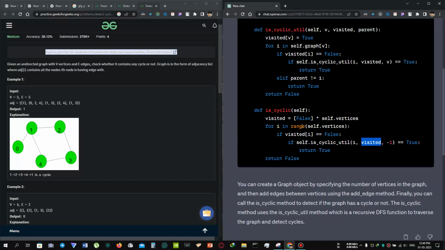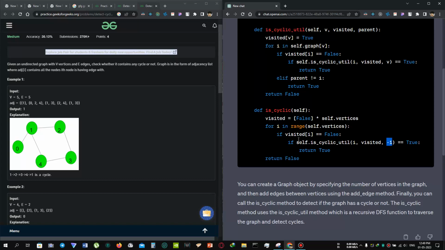Why are we giving i? You see, i was initially 0, so we want to check if 0 is creating any cycle or not. That is why we are giving 0 here. Why are we giving -1? Because this will happen only one time, only 0 will have -1 as its parent, because 0 has no parent.